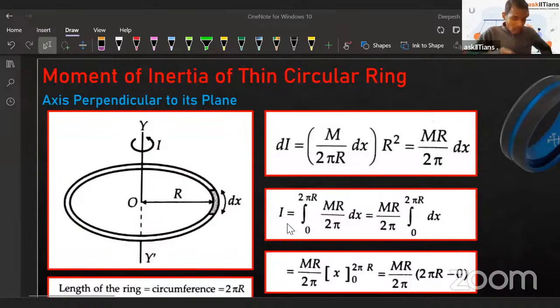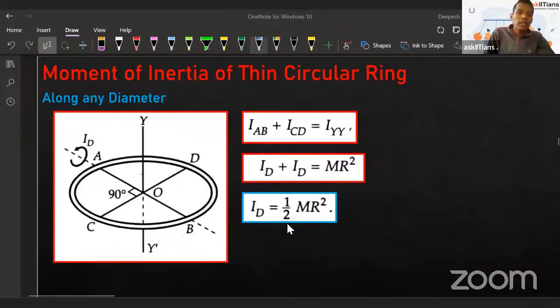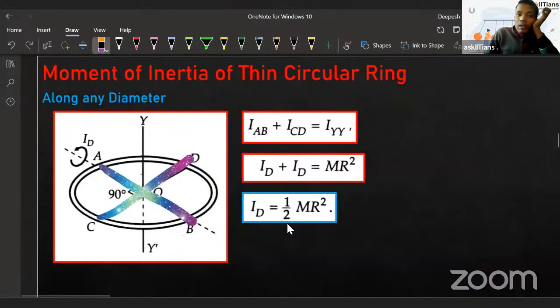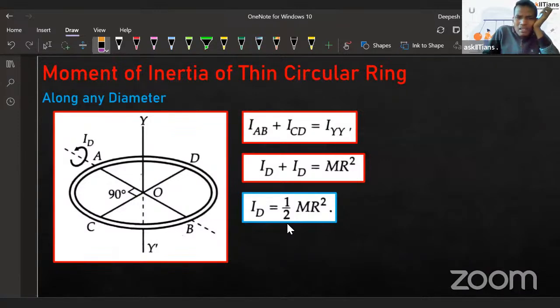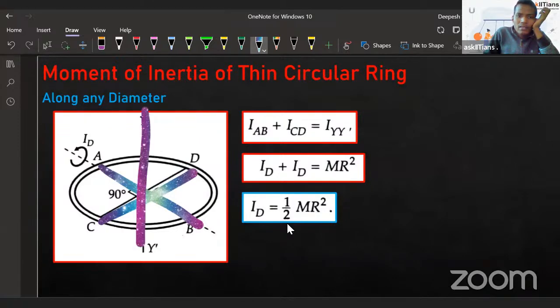Have a look at the two diameters here: diameter number 1 and diameter number 2. You can take any two diameters, but we take two perpendicular ones because now they act like three perpendicular axes: this is the x-axis, this is the y-axis, and this is the z-axis.